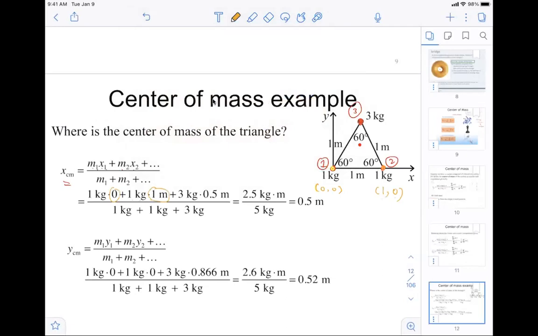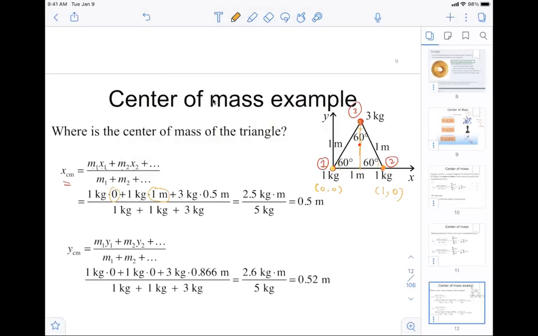The third mass is the 3 kilogram mass. So I do 3 kilos times the position of the 3. Where is the position of the 3? It's exactly in the middle, right? It's halfway between these two. Because this is a triangle of 60 degrees, they're all equal.